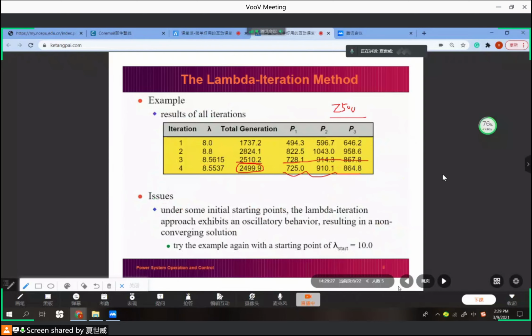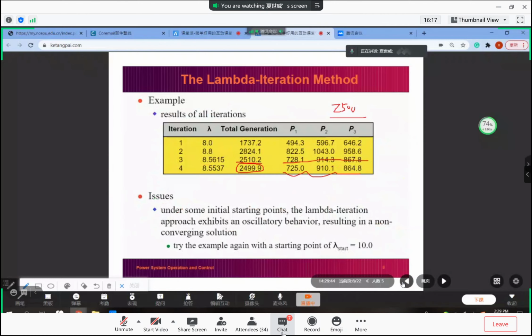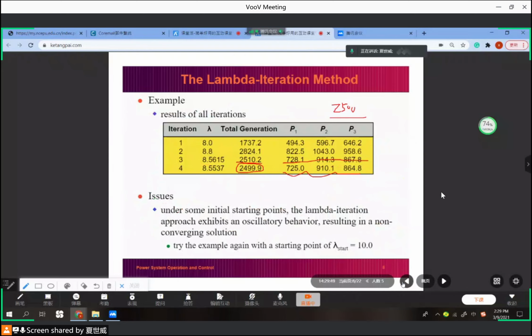Based on this lambda iteration method, the steps are very simple. First, you guess the value of lambda, and based on the lambda, you calculate the generation output of each generator, and then you sum these generators. If the total generation is larger than the total load, you decrease lambda.